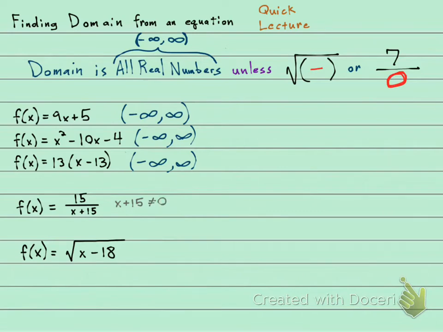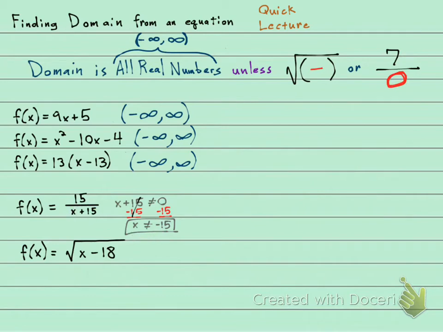So we've made a statement that the denominator cannot be equal to 0. And then you solve that. Subtract 15 on both sides to get the x by itself. And you will see that x cannot be equal to negative 15. That's the number, negative 15, that if we plug right here, we'll get a 0 in the denominator.